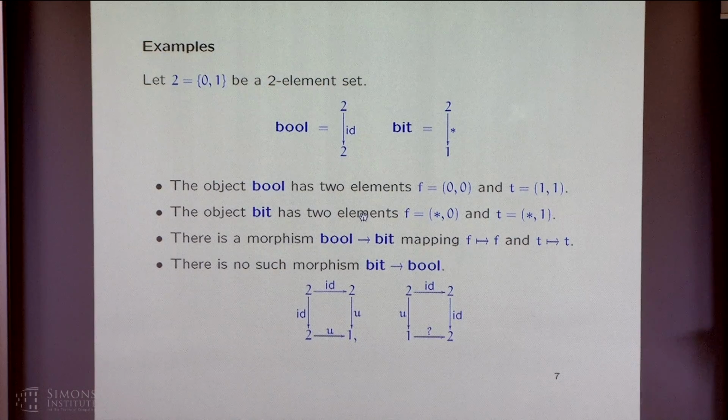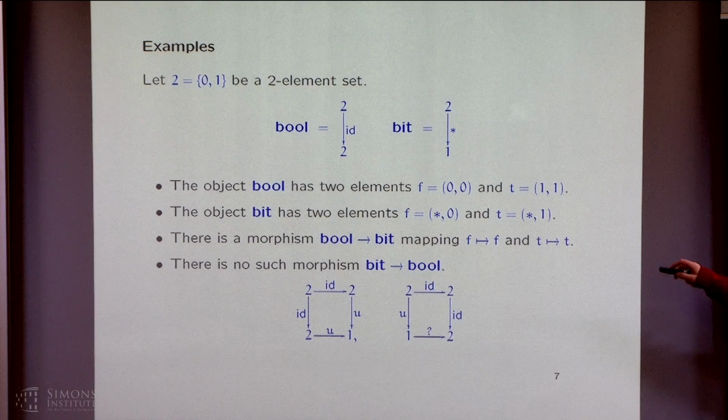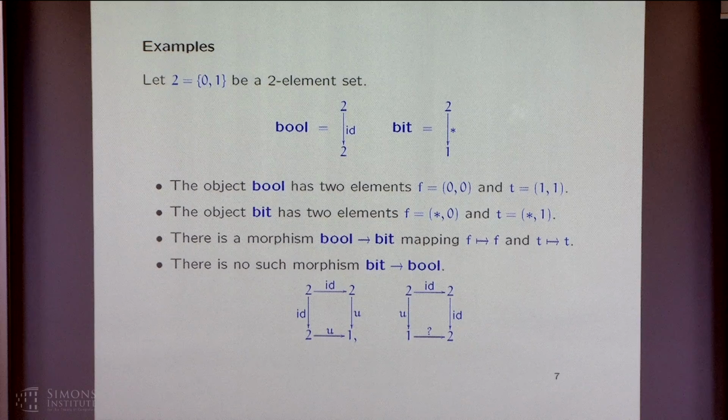So this object has two generalized elements, namely 0, 0 and 1, 1, which we can identify with false and true. And this object also has two generalized elements, namely star 0 and star 1, if we think star is the unique element of the singleton set here. And we also identify these with false and true. And now it's easy to see that there's a morphism from bool to bit mapping false to false and true to true, but there isn't a morphism from bit to bool mapping false to false and true to true.